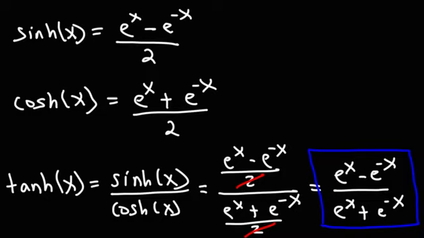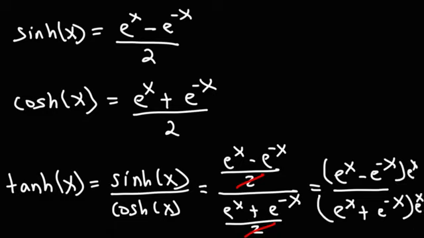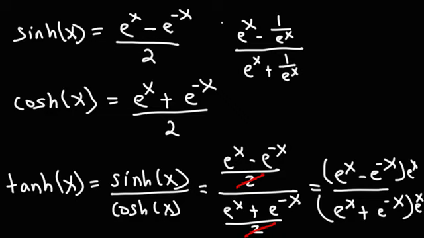Now, we could simplify that equation even further. If we multiply the top and the bottom by e to the x, notice what happens. First, I'm going to rewrite it. e to the negative x is 1 over e to the x. So this is what we have. And we're going to multiply the top and bottom by e to the x. e to the x times e to the x.